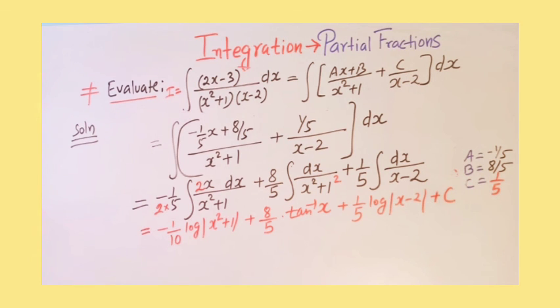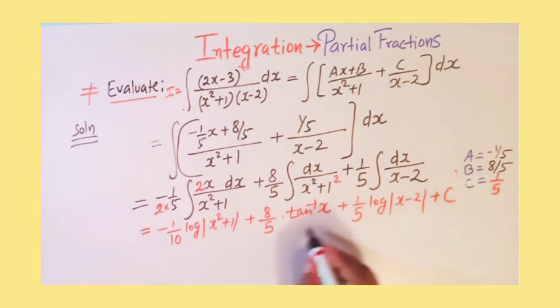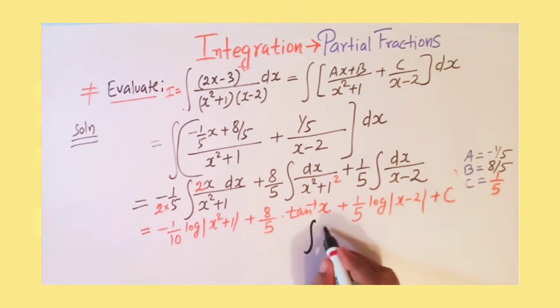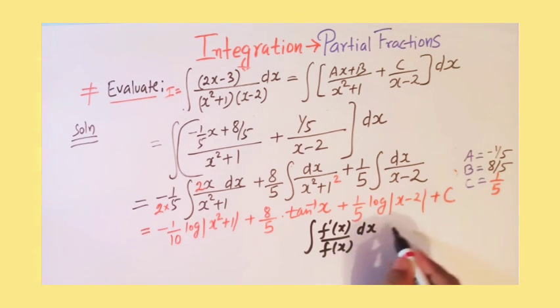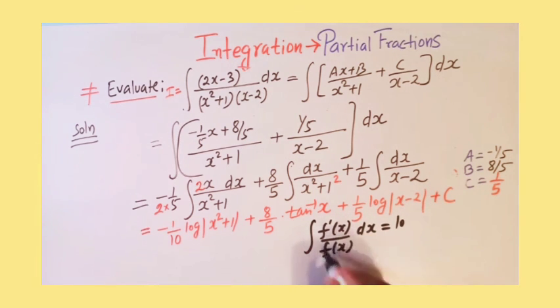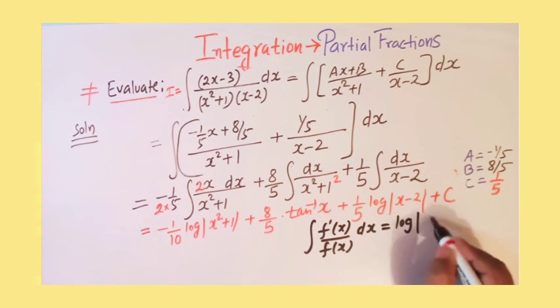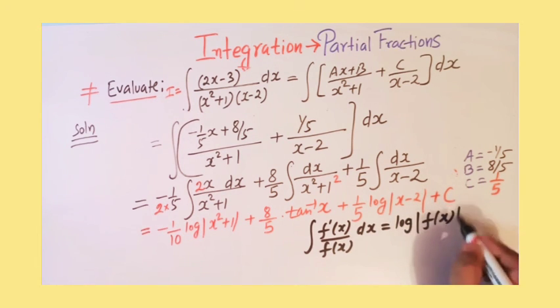But here I would like to mention that if we have f dash x in the numerator and in the denominator we have the function f of x, then always remember that the integral of this is the log of f of x.